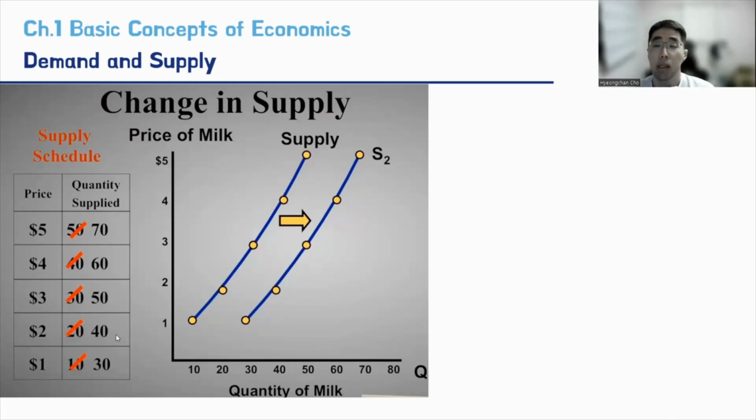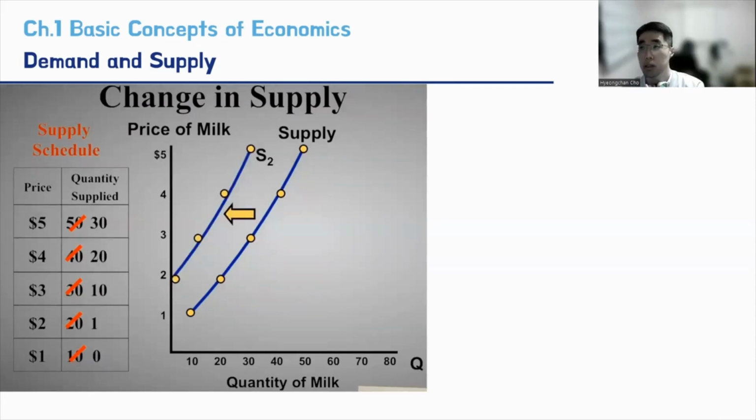So, as the demand curve was shifted right when the demand increased, when the quantity supplied increases at each point, it makes the supply curve shift to the right, like here, right?